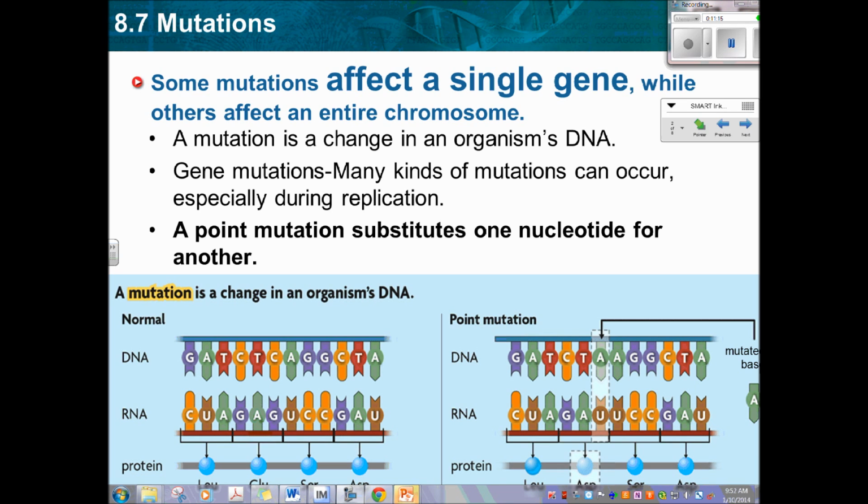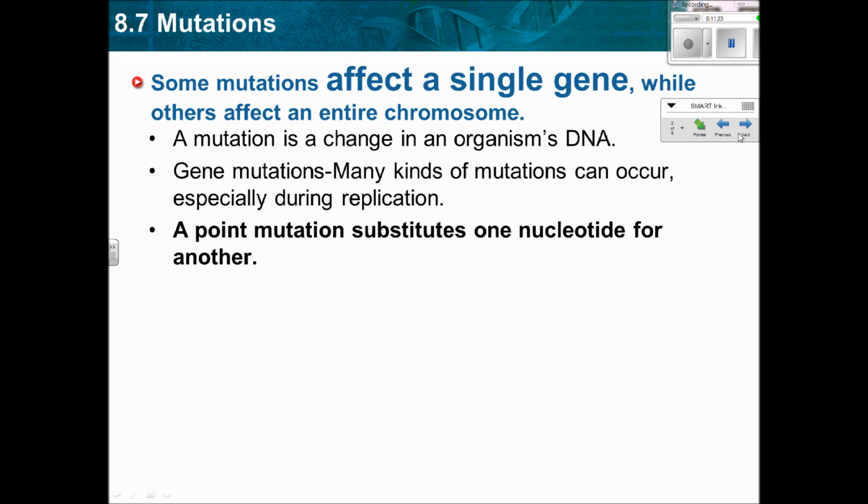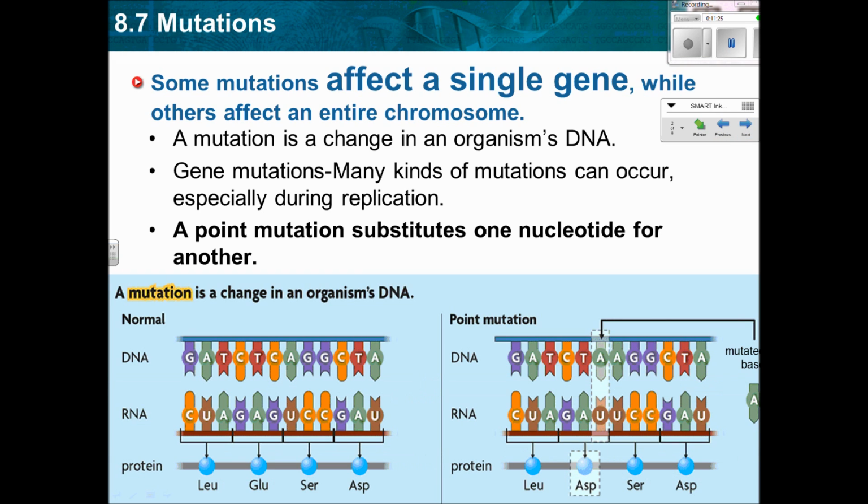So let's look at the example. This is a mess up in the DNA. Now that's bad because that means the correct code can never be built of the RNA for this individual.